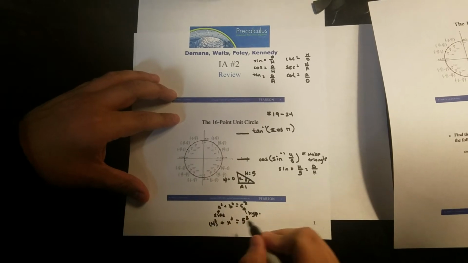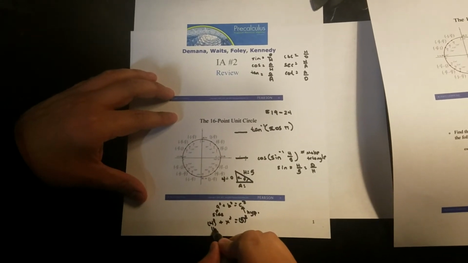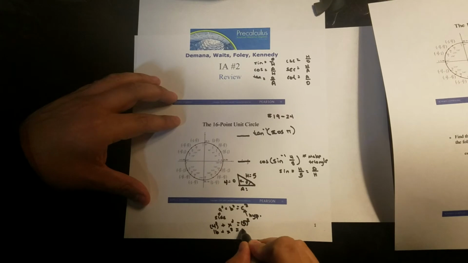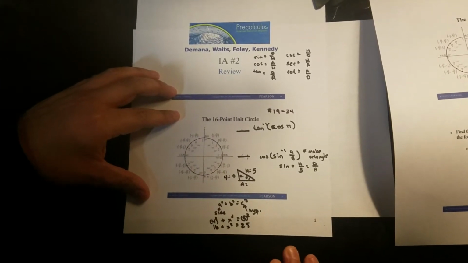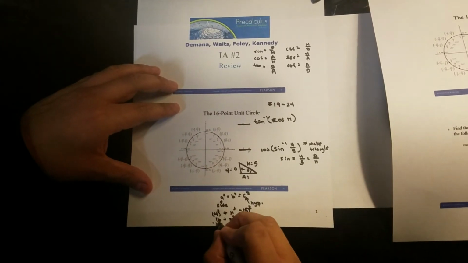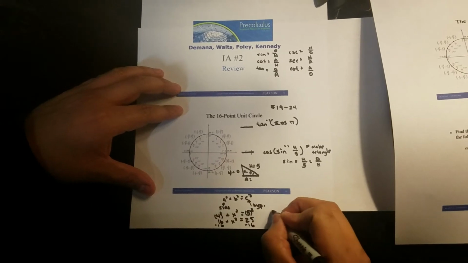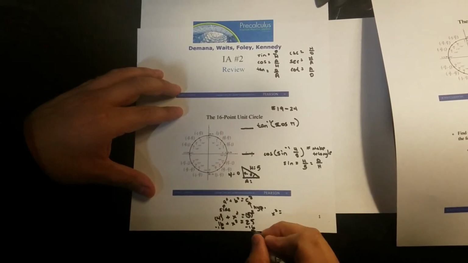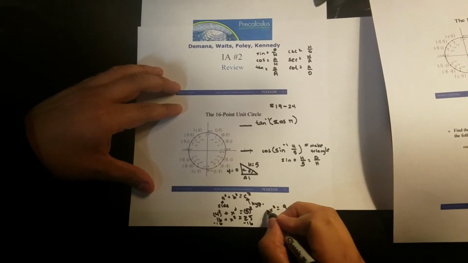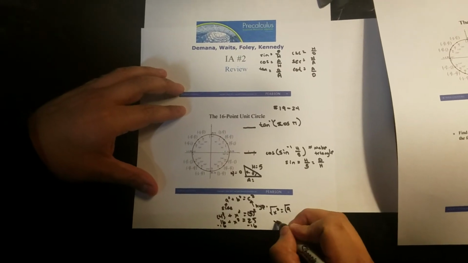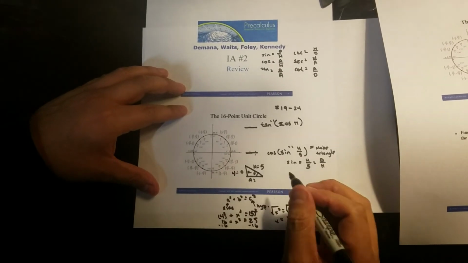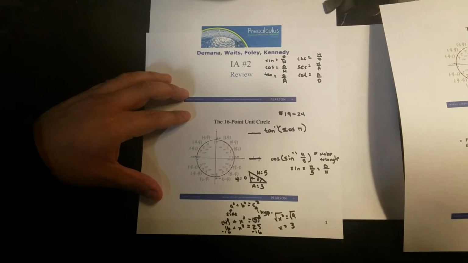So 16 plus x squared equals 25. I subtract 16, x squared equals 25 minus 16, which is 9. Square root this, x equals 3. So my A is 3.